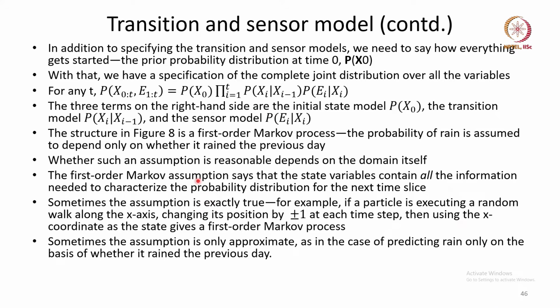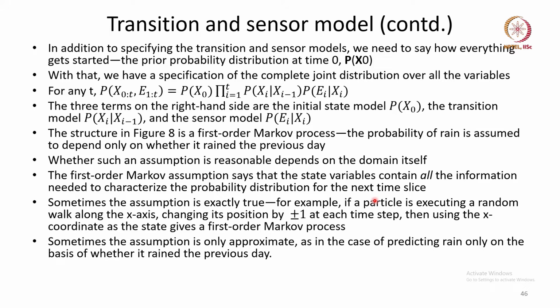Okay, one more thing is that when you are assuming a first order Markov assumption, it may be true even if it is not exactly true. For example, suppose it depends not on one variable but on two variables or three variables, whatever. You can approximately take it to be a first order Markov assumption. One example of a first order Markov assumption is a particle which is walking along the x-axis, and at every point in time it either goes plus or minus 1 from wherever it is now, right.